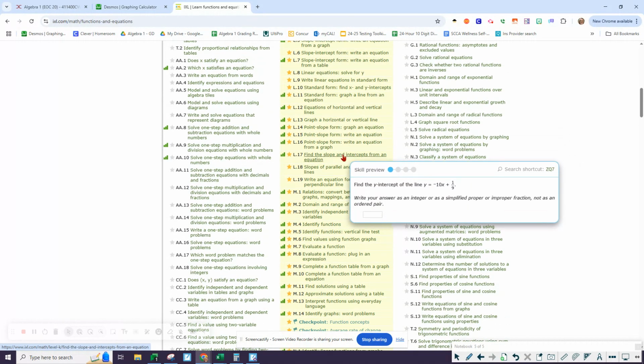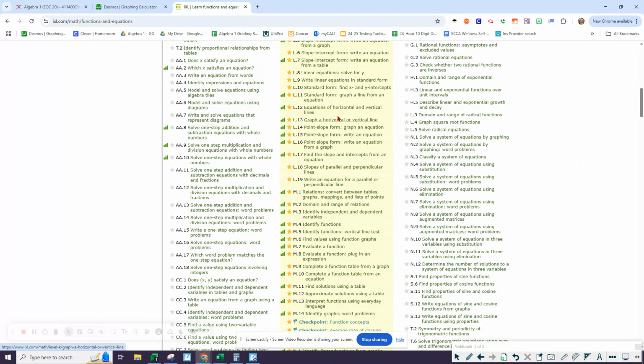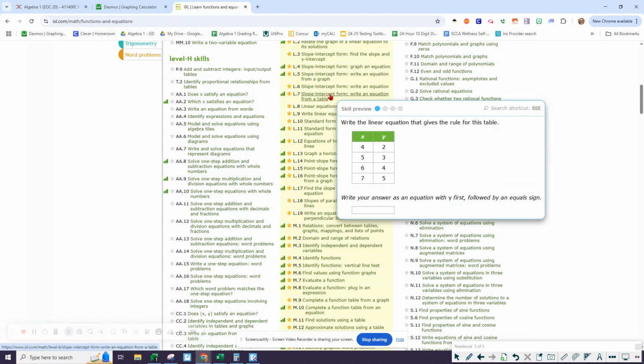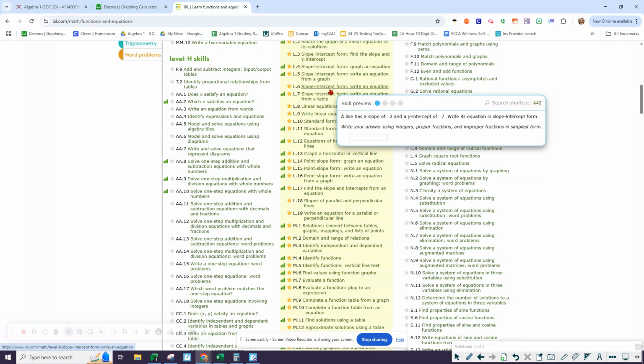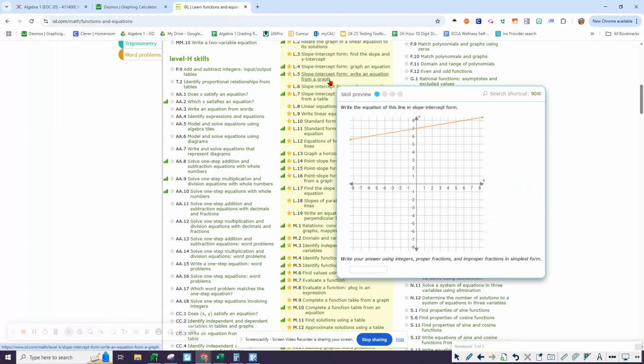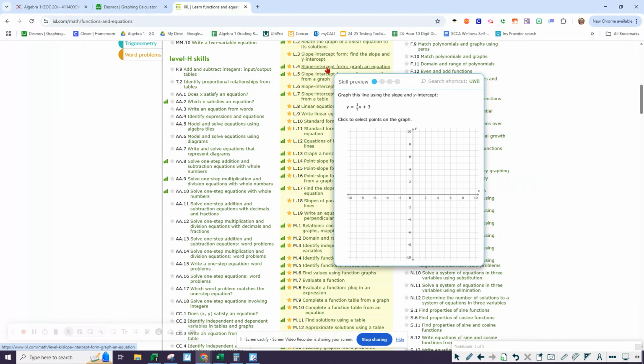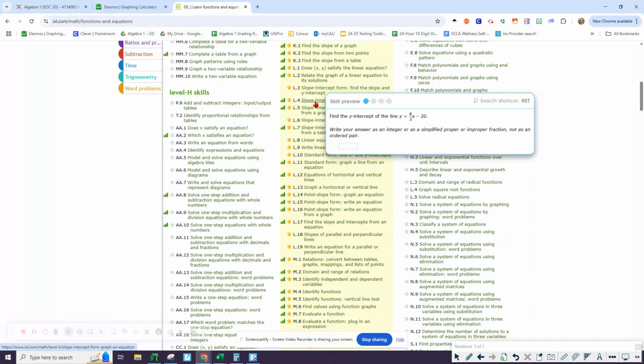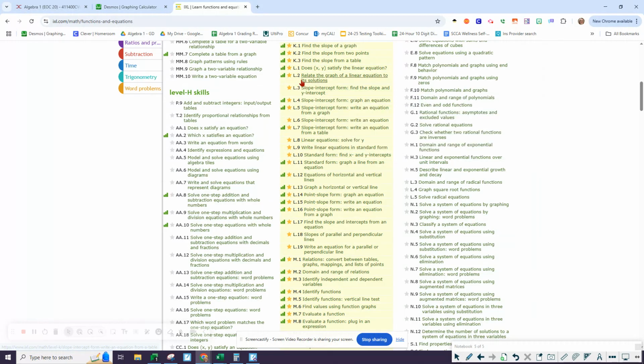Let's see, find the slope and the intercepts. Here is your standard form. Here's your slope-intercept form from a table. Slope-intercept form, writing an equation, given the slope in there. Here's from a graph. Here's how to graph it from slope-intercept form. There are several right here in your IXL.